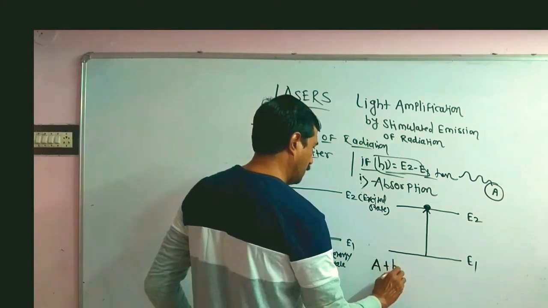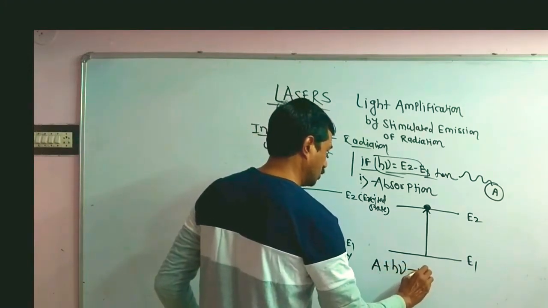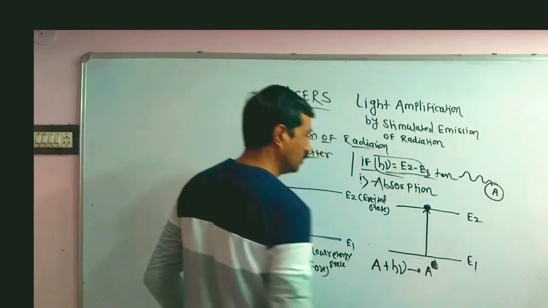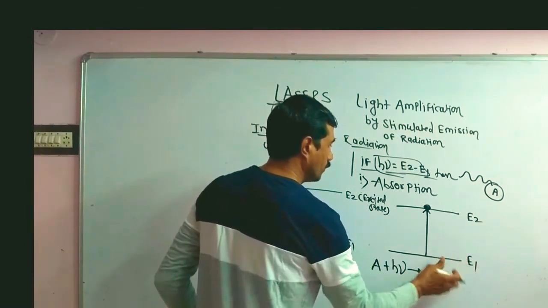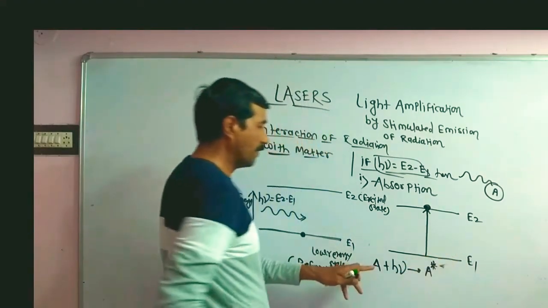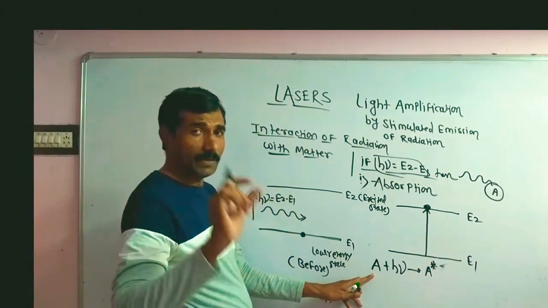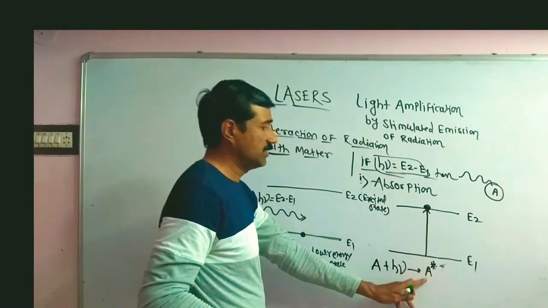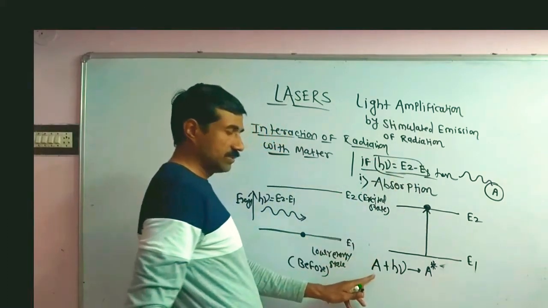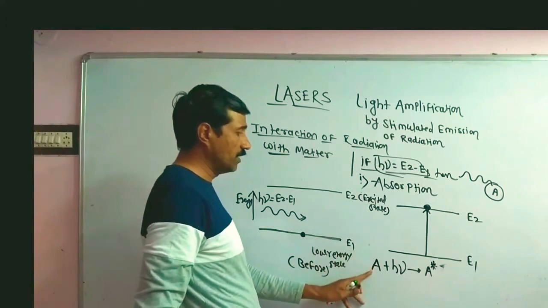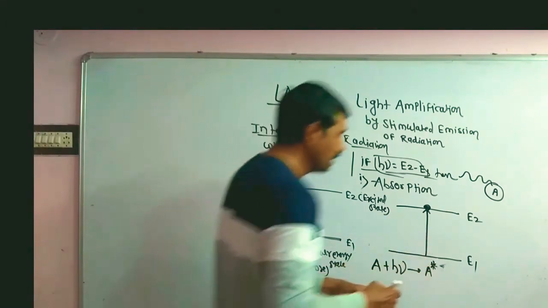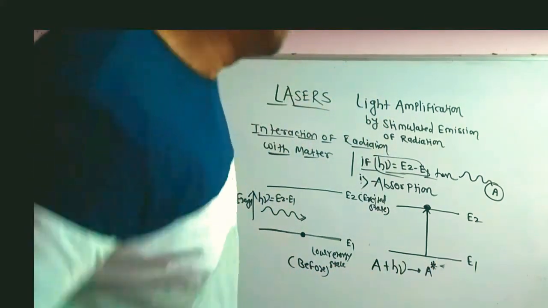So this transition is the absorption transition, and the process is the absorption process, and it is represented by A plus h mu tends to A star, where A is the atom in a lower energy state and A star is the atom in an excited state.